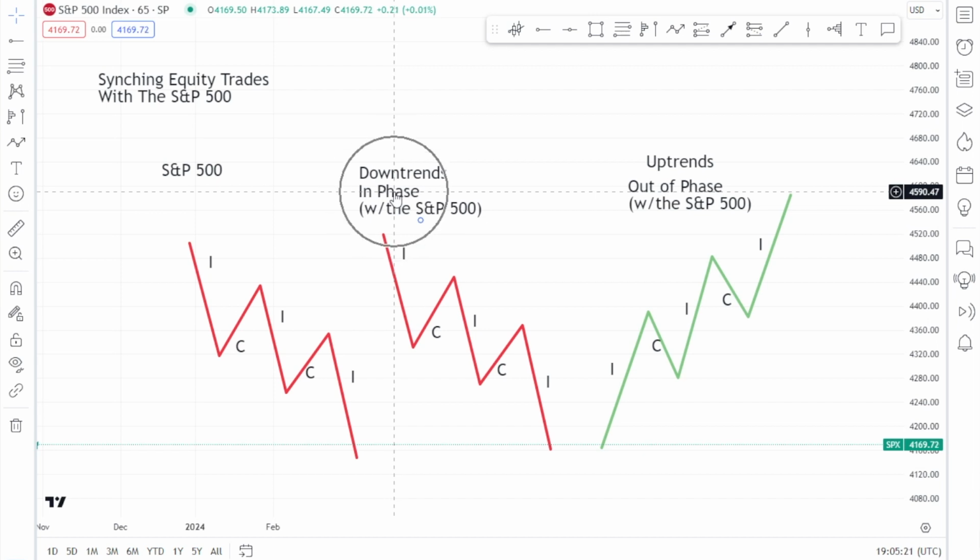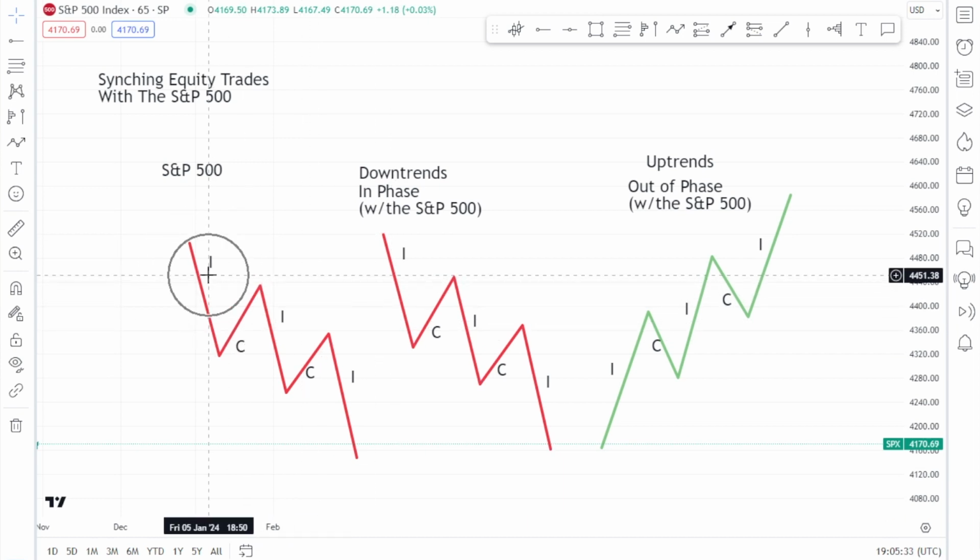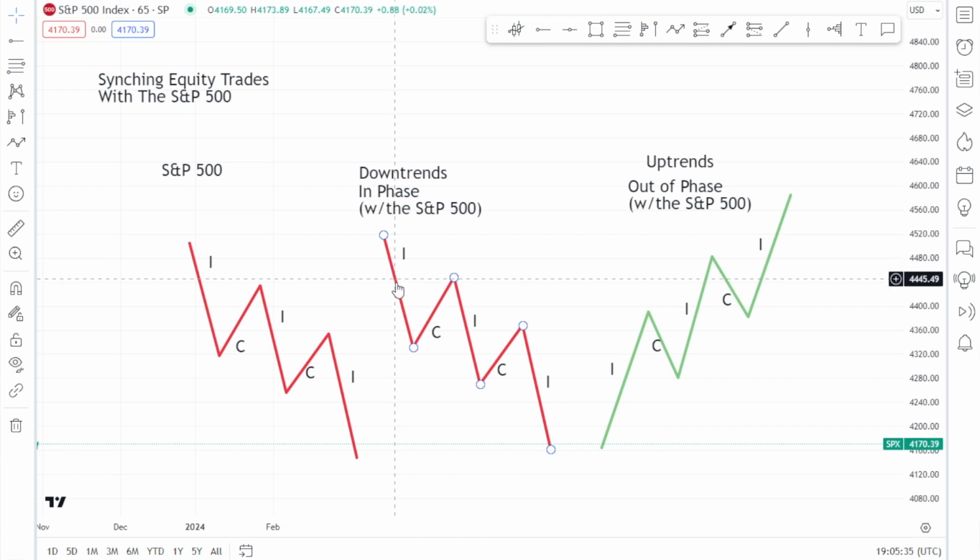And we'll call those in phase. These downtrends within this S&P 500 are in phase with the S&P, meaning that the impulse and corrective sequences should be fairly closely matched.